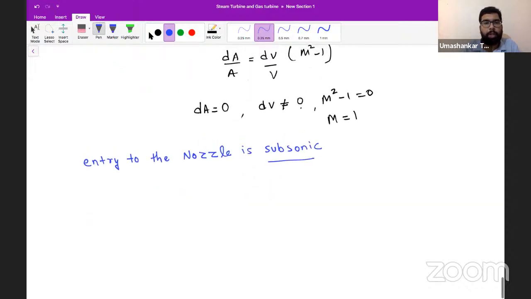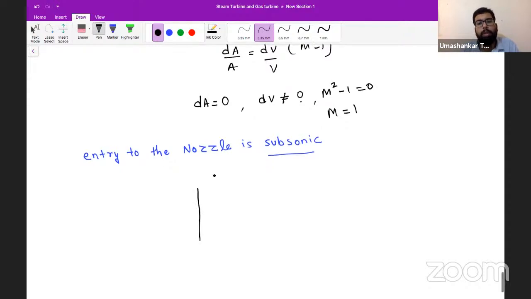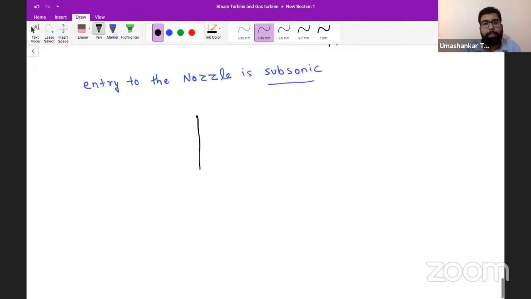Now listen, see here. The entry to the nozzle is subsonic, so from this point onward, what kind of cross section should we make, what kind of passage, so that the velocity increases? We should make the cross section converging.